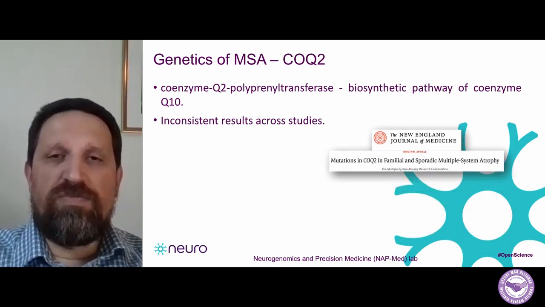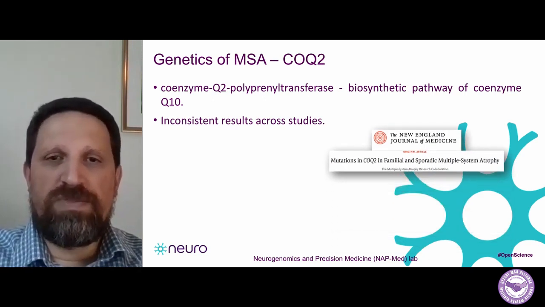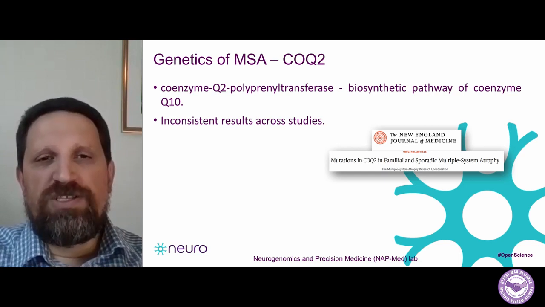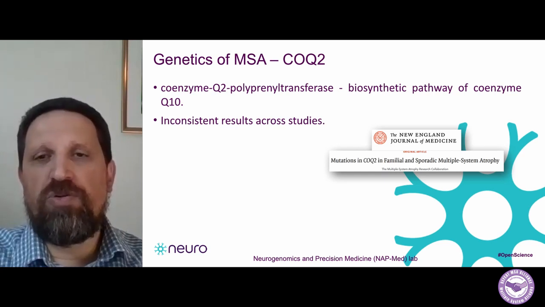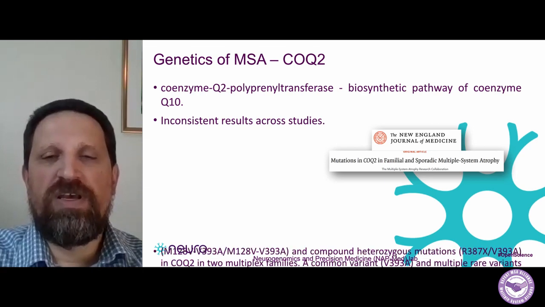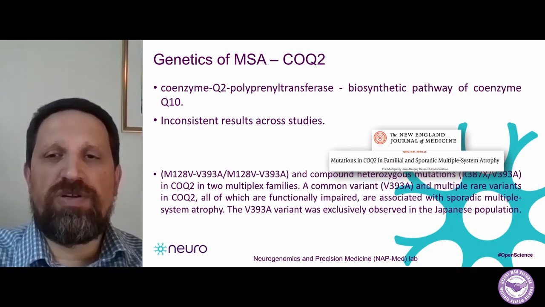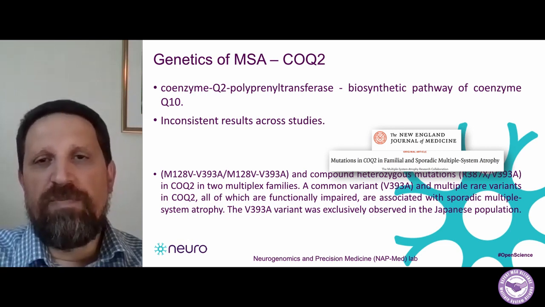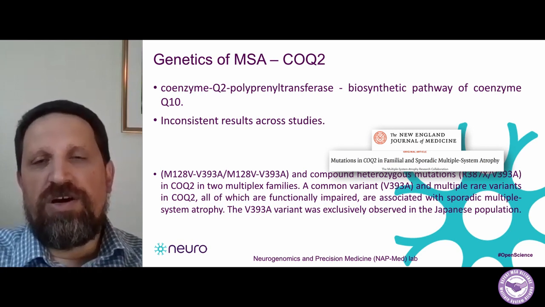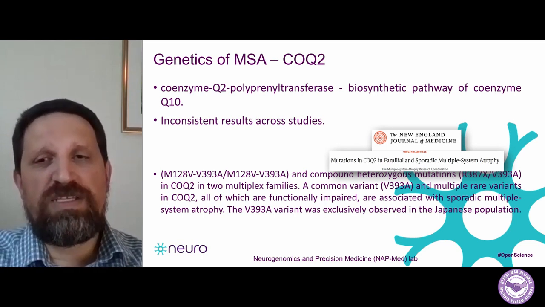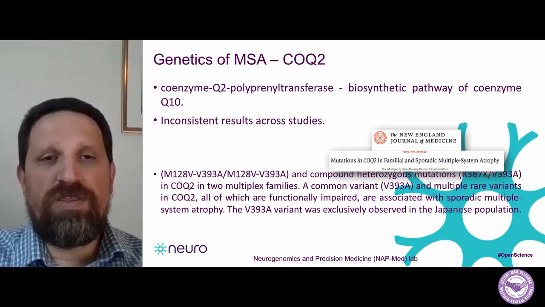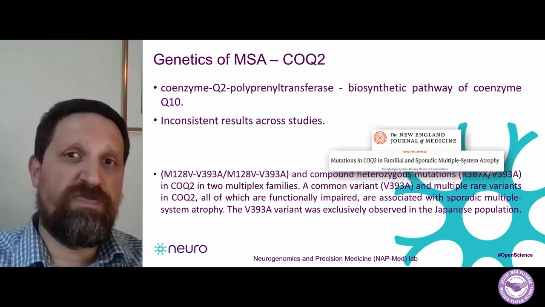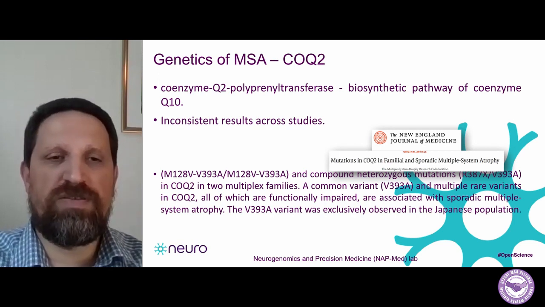The biggest and most important study done on COQ2 several years back suggested that in some families, people who carry 2 mutations in this gene have higher risk to develop multiple system atrophy. The authors reported on a common variant in this gene, V393A, but also other rare variants that affect the activity of this enzyme and are associated with multiple system atrophy in the families and patients studied in this paper.